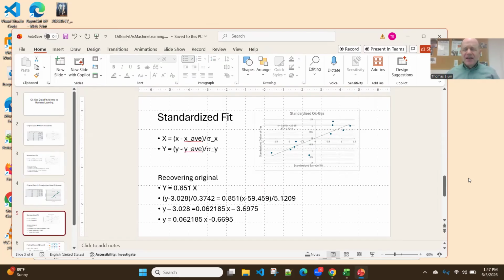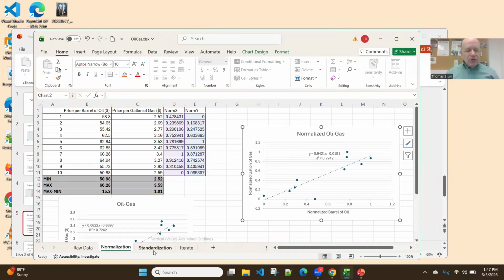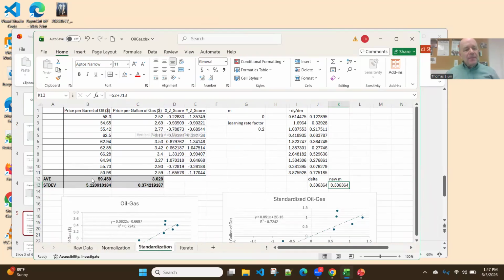The other standard thing one can do to tame the data, instead of normalizing it, is to standardize it. In this case, the shift is based on the average, and the squeezing is based on the standard deviation. So I'll move over here for that one. I had my X's and my Y data.